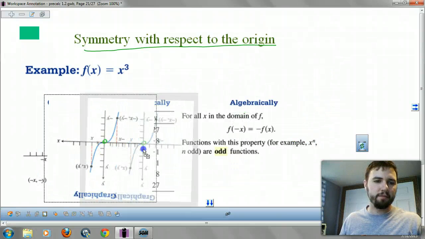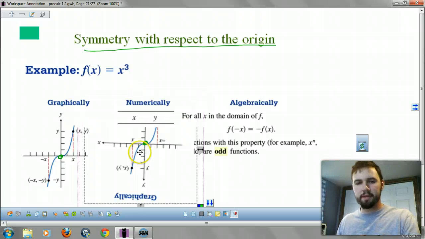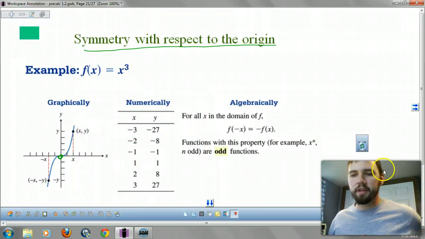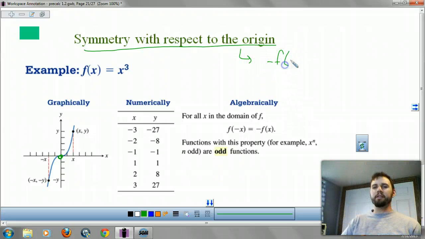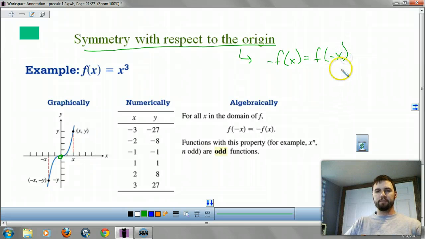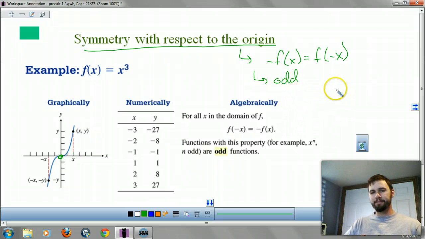Same graph. Okay. That's what symmetric to the origin means. And also what that means is that your negative f of x equals f of negative x. Okay? And what else it means is that it's odd. It's a weirdo. Okay?